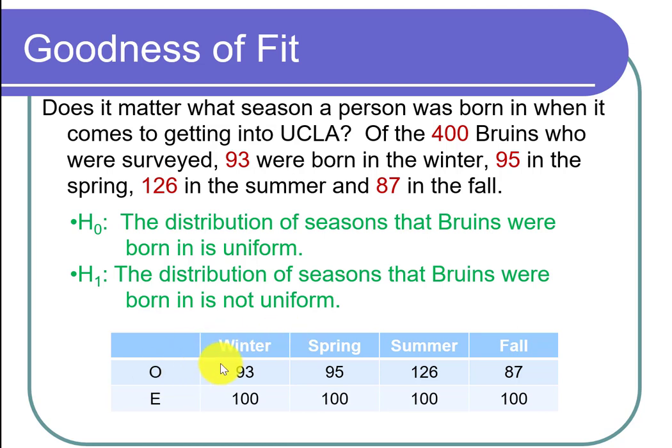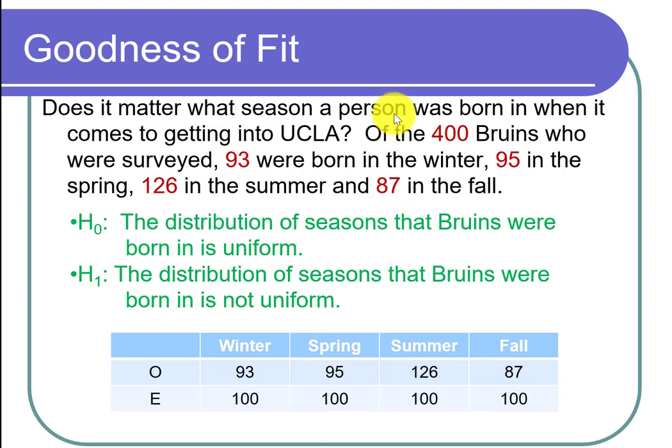So I made a table. We have winter, spring, summer, and fall. The observed were 93, 95, 126, and 87. And the expected is actually quite easy.